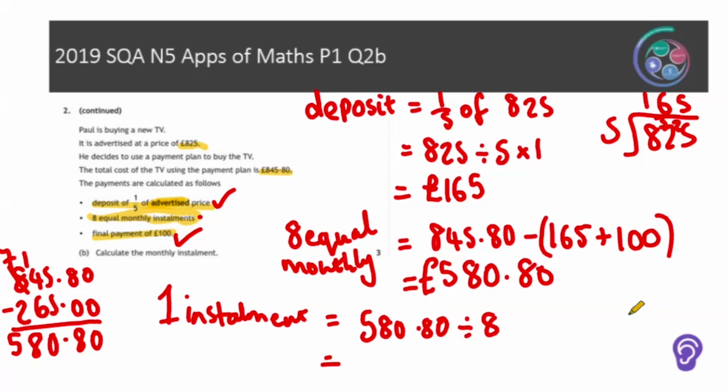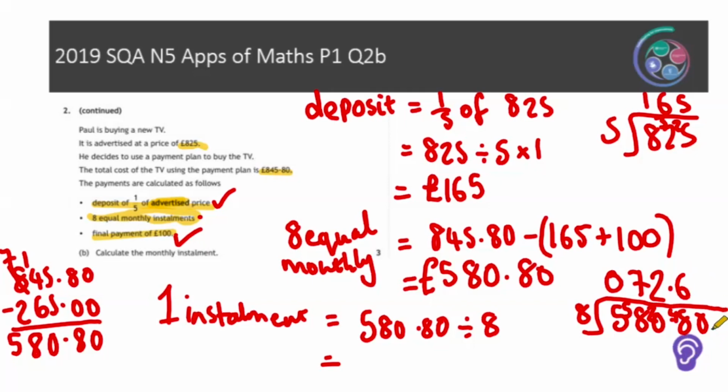I'm just going to do that as a step sum. £580.80 divided by 8, 0, 58, well 7 eighths is 56, so I've got a remainder of 2. 20 divided by 8, 16 is 2 eighths, and that would give me a remainder of 4. Decimal goes here, 48 divided by 8 is 6, and then 0 divided by 8 is 0. So one monthly instalment is £72.60.